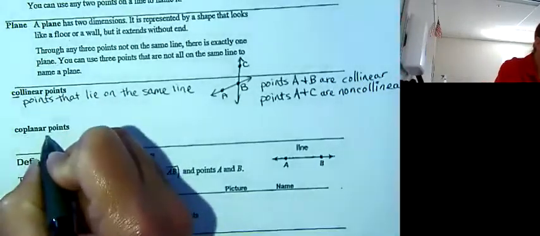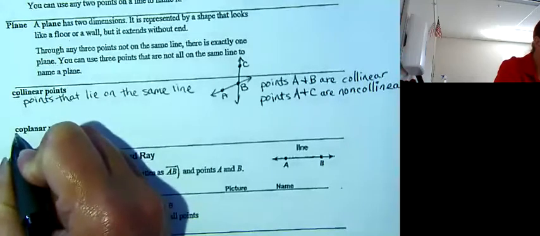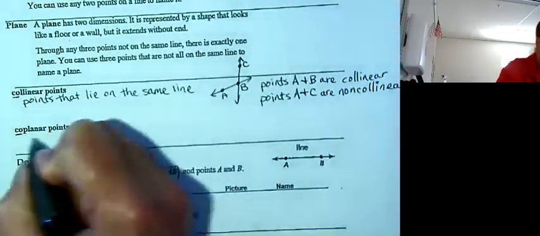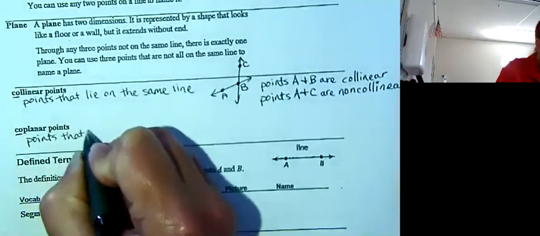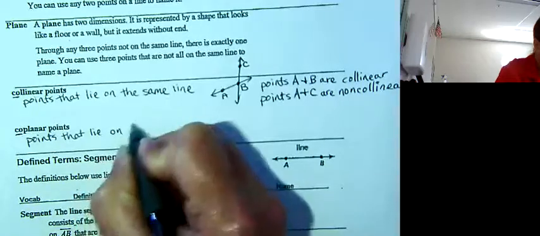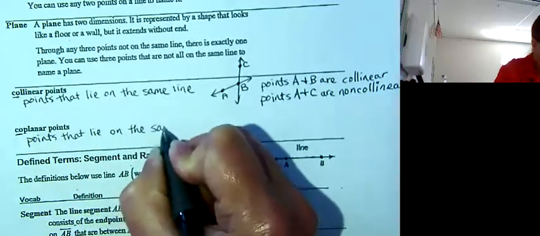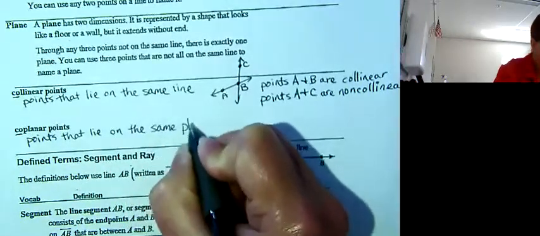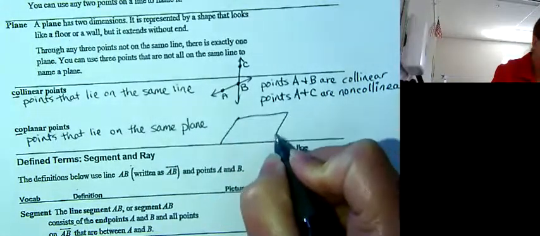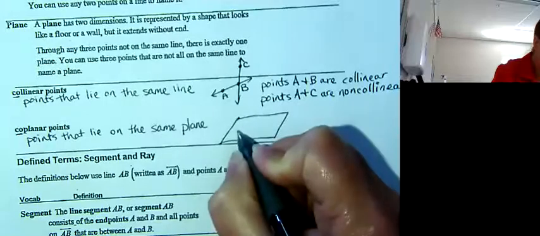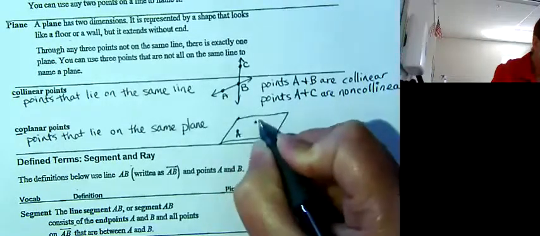Similar is coplanar, so points that are on the same plane are coplanar. So a good example of this is if I have a plane and I have some different points on here.